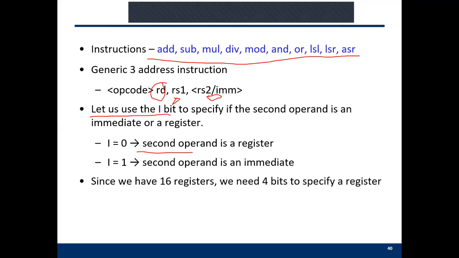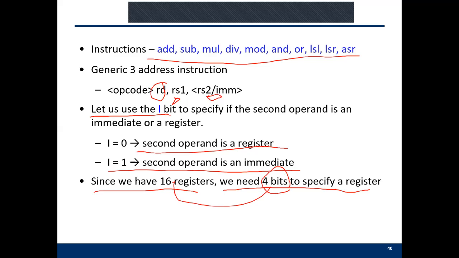If it's a 0, then the second one is a register. If it's a 1, then the second one is an immediate number. Since we have 14 registers, we need 4 bits to specify a register. By 4 bits, we can address 16 registers. For example, 0000 indicates R0.